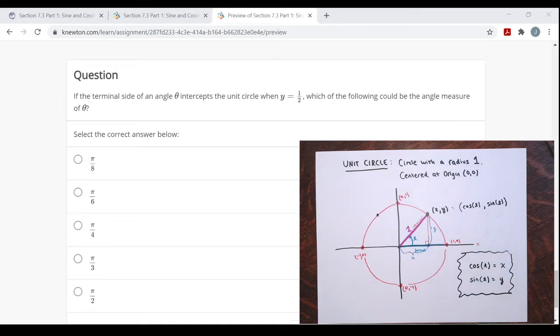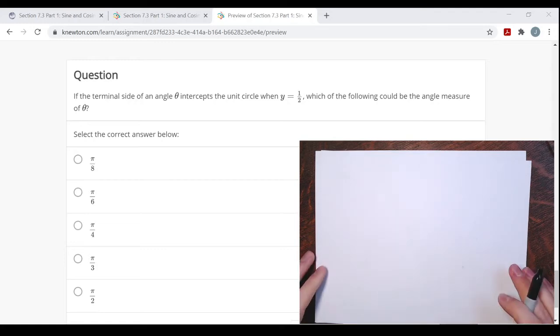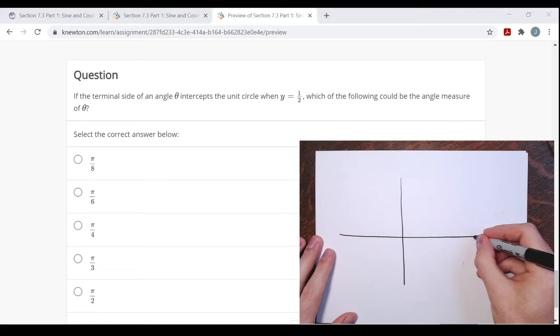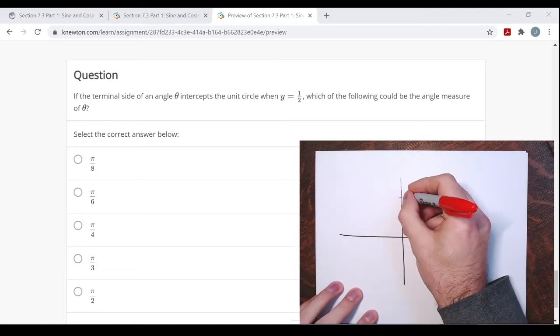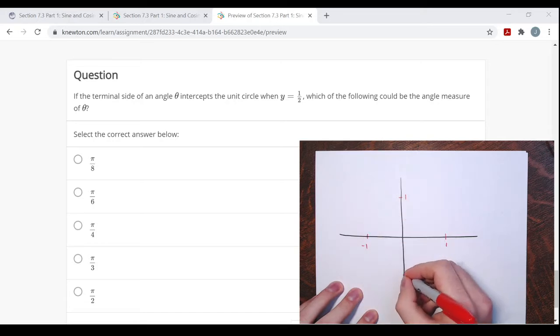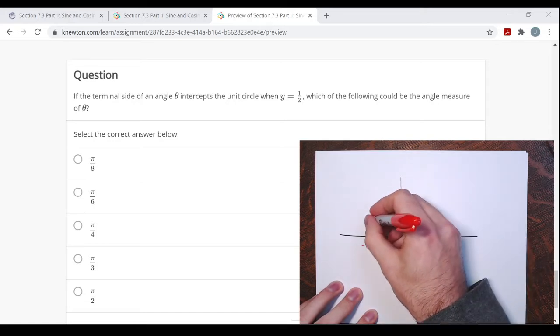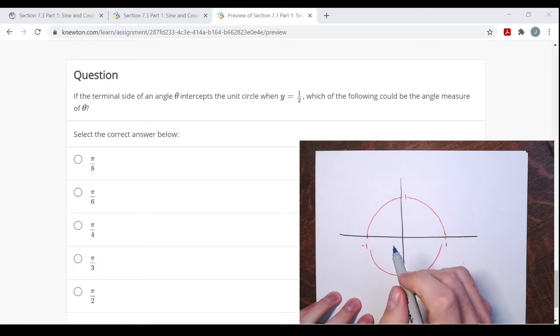All right, so they're saying, I'll draw here's the unit circle again, and I'm going to be drawing the unit circle a lot. So again, this is 1 unit from the center, 1 unit, 1 unit, and 1 unit. Okay, and they're saying the terminal side of an angle theta intercepts the unit circle when y equals a half, right?